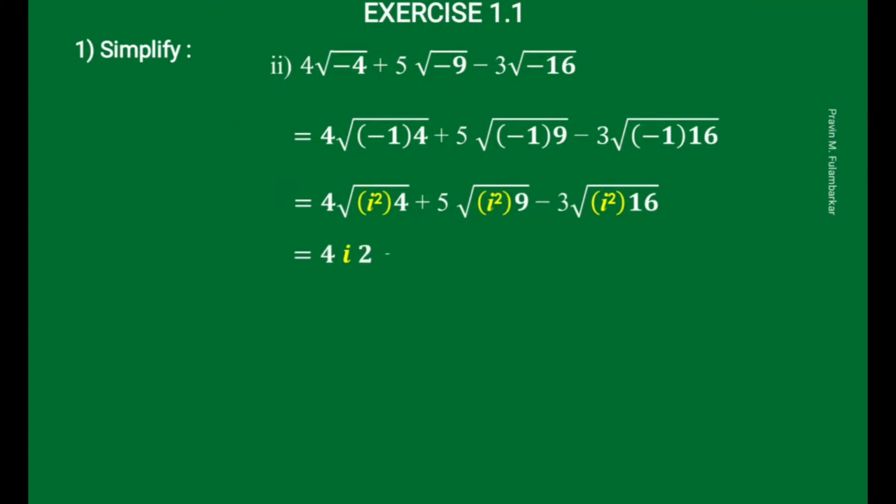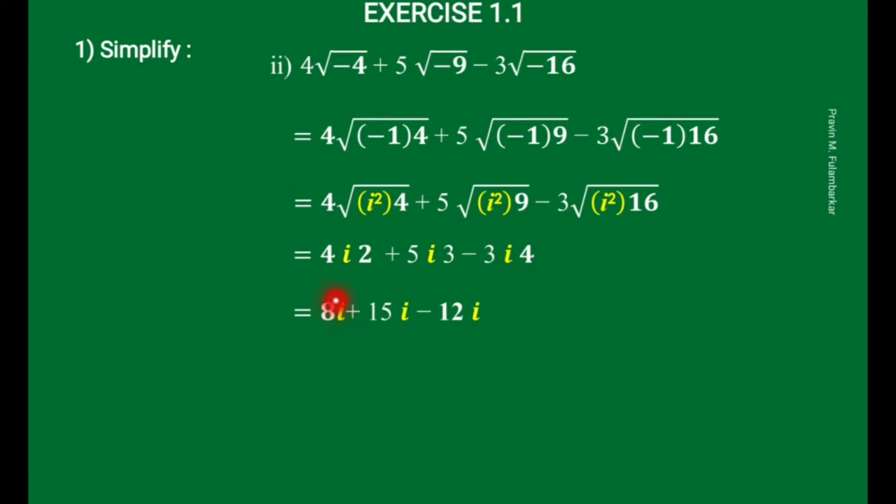Now take the square root. So square root of i square into 4 we write i into 2, square root of i square into 9 we write i into 3, square root of i square into 16 we write i into 4. So multiply 4 into 2 we get 8, 5 into 3 we get 15, 3 into 4 we get minus 12.